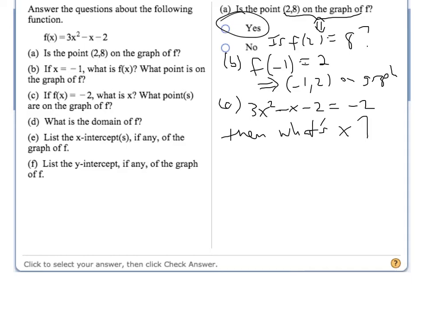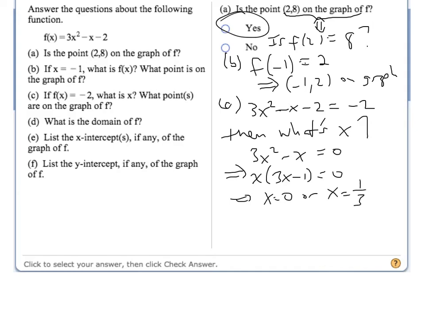Now this is not a linear equation, so we are going to have to pull some algebra that we have not reviewed. But it's really the algebra of factoring, things we were talking about in our review on the very first day. If I add 2 to both sides, this equation becomes 3x squared minus x equals 0, which factors into x times 3x minus 1 equals 0, which means that either x is 0 or x is 1/3.